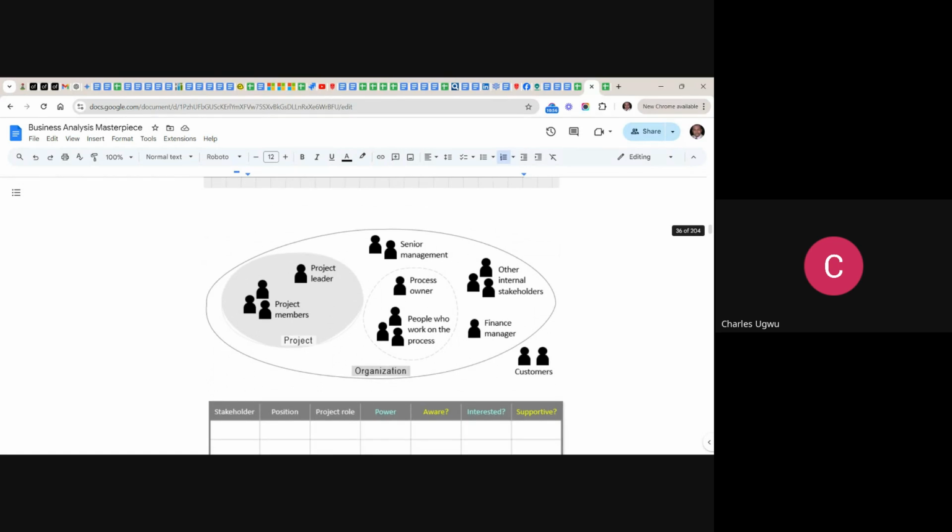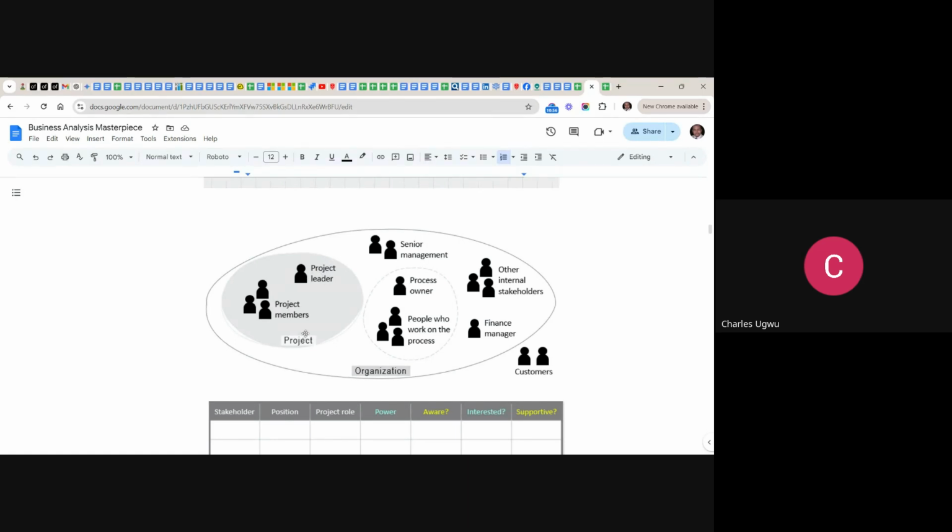So you can see here this diagram, I use this diagram to group stakeholders while brainstorming them. During a brainstorming session, you can use a diagram like this. We call it an affinity diagram. You can be adding them, sorting them into different groups.